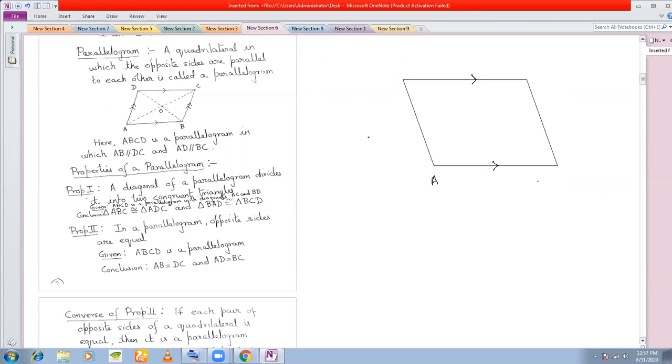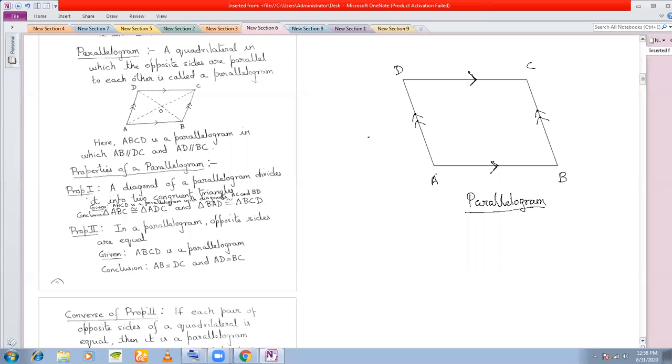That means if I have this quadrilateral ABCD such that this side is parallel to this side and this side is parallel to this side, that is, the opposite sides are parallel, then I can call it a parallelogram. Otherwise, I cannot call it a parallelogram. So the basic definition of a parallelogram is that the opposite sides have to be parallel.